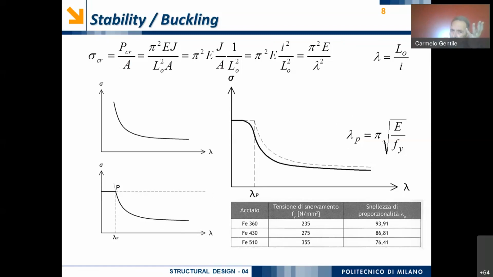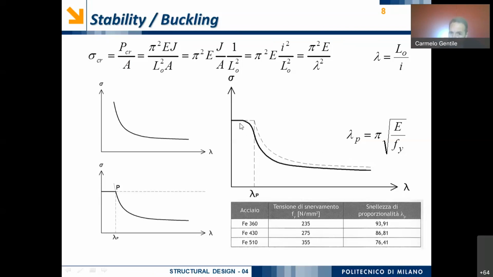And of course, the two kinds of verification, strength verification and stability verification, are different, because on one side I have to verify that the actual value of the stress does not exceed the yielding stress. On the other side, I have to verify that the actual value of the stress does not exceed the critical value of the stress, the value for which we have instability. Okay?